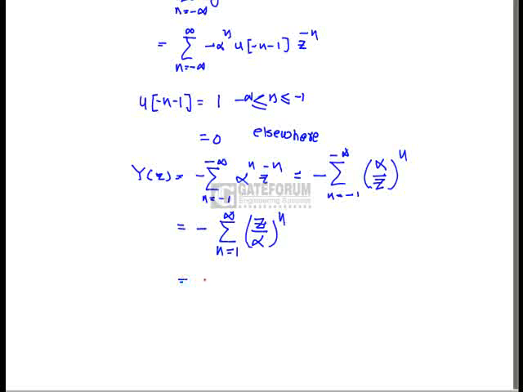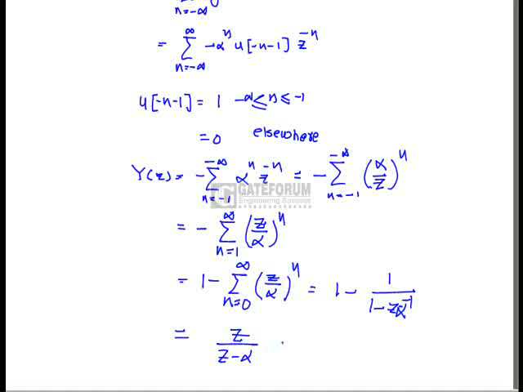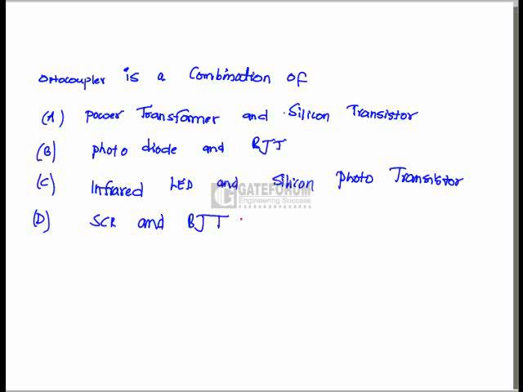If we include the missing term, that is n equals 0, then we can write it as the summation from n equals 0 to infinity of (z by alpha) power n, which equals 1 minus z alpha inverse, which is written as z by z minus alpha, with mod z less than mod alpha. Option A is true.